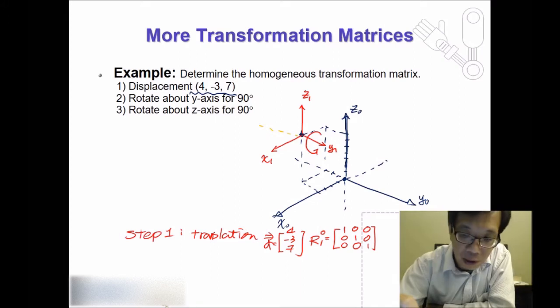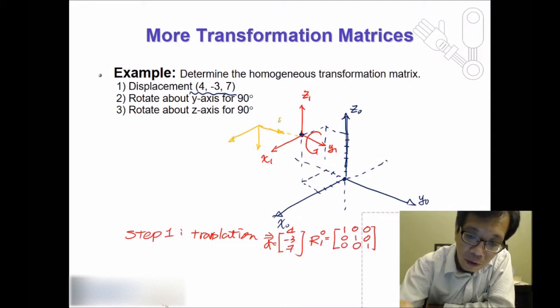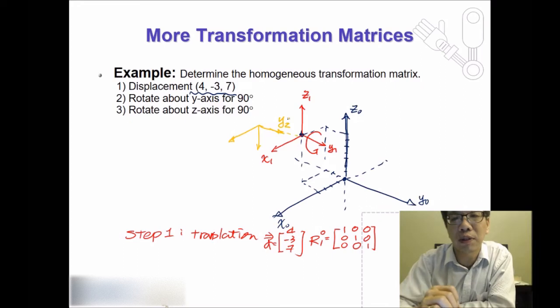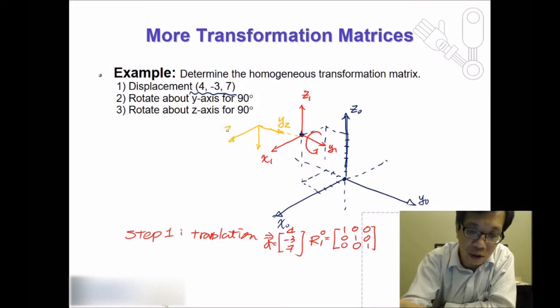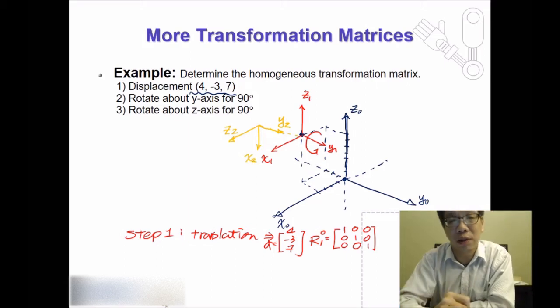So it's going to be y2 is the same direction as y1, but this time my z1 has been changed from this direction into this direction, and x1 has been changed from this direction into this new x2 direction.